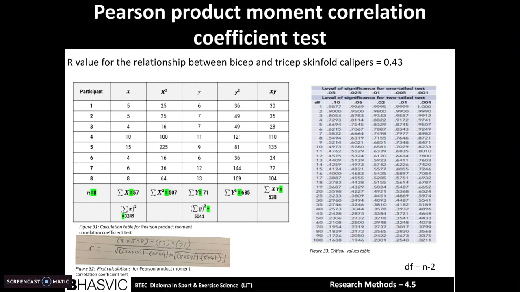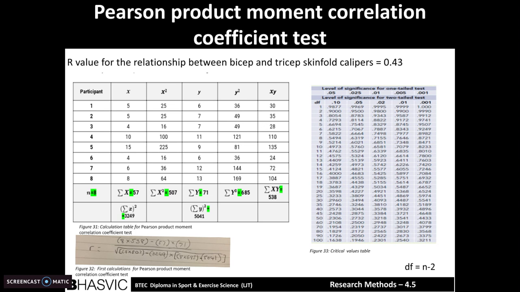So then the top half of the equation, that value, 257, divided by 595.2083669, gave me the R value of 0.43, rounded to 2 decimal places. So I followed the equation step by step and fitted in the numbers that I'd already calculated in figure 31 into the equation to give me the R value of 0.43.